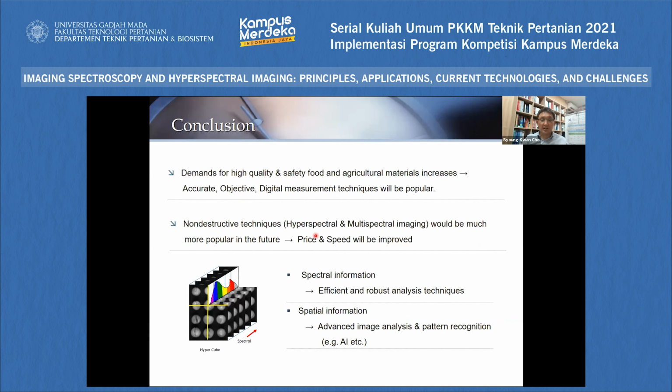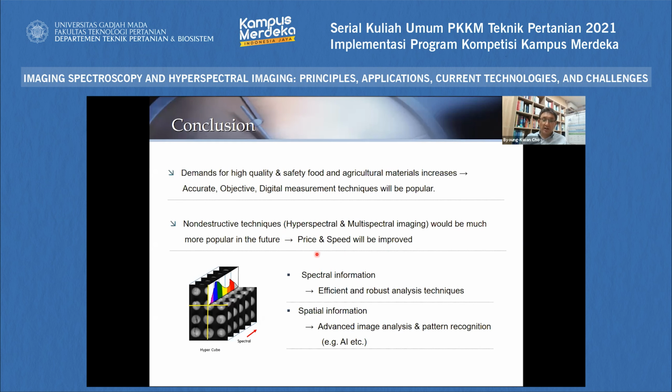Non-destructive technology like hyperspectral imaging is still expensive. The system price is quite expensive, but in my experience, this price is going down continuously. So after several years, after some time, the price will become reasonable, and the performance is also good enough.